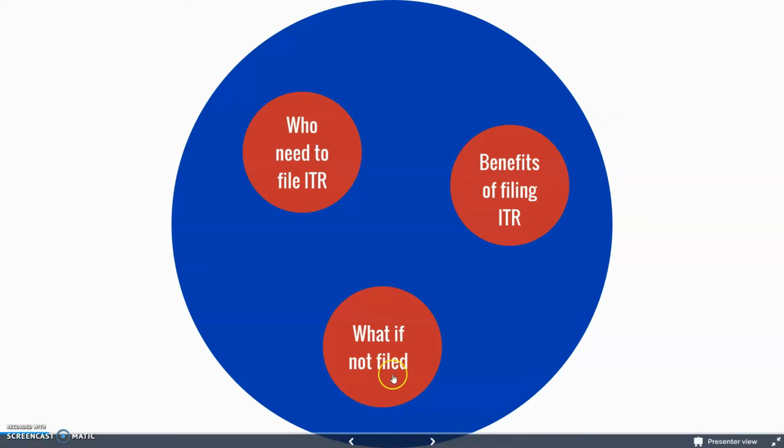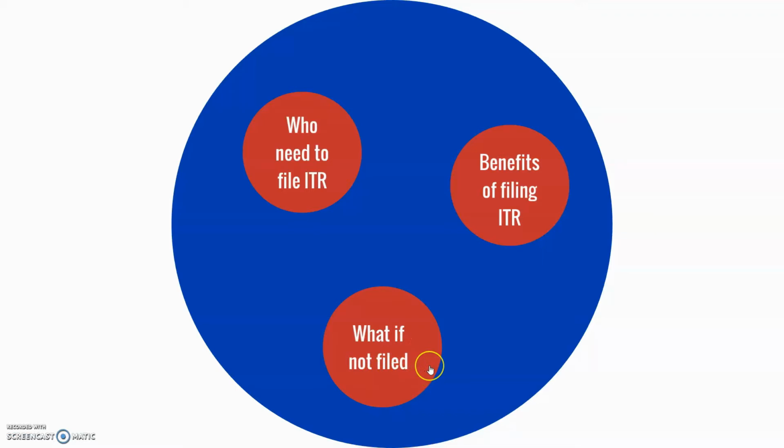And what if not filed? Normally the due date or the last date for filing income tax return is July 31st. If you fail to file the income tax return on that date, you will be liable to pay a penalty. If your income is less than 5 lakh, the penalty is 1,000 rupees.